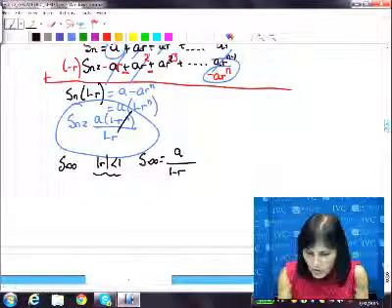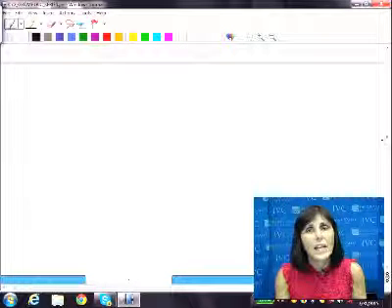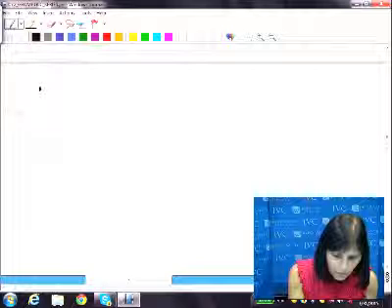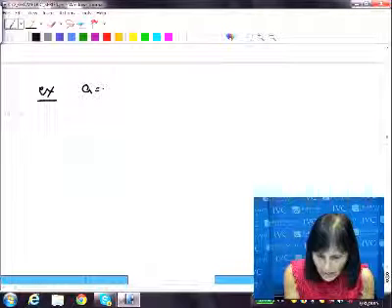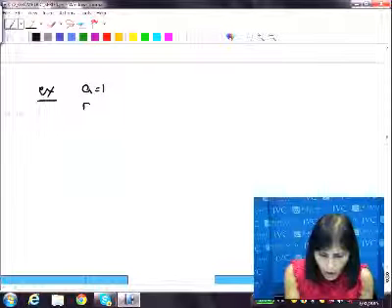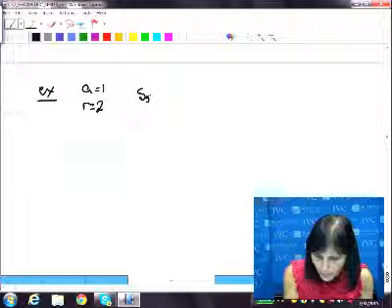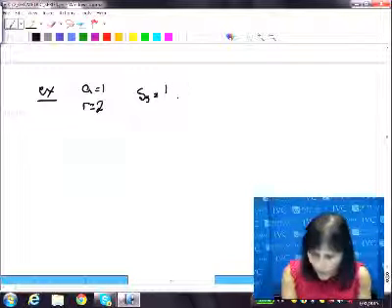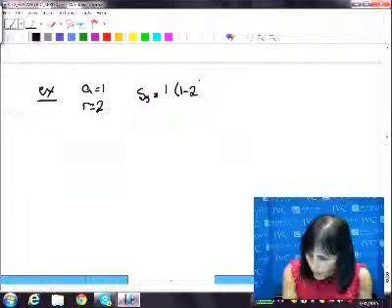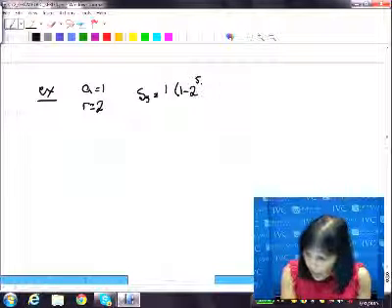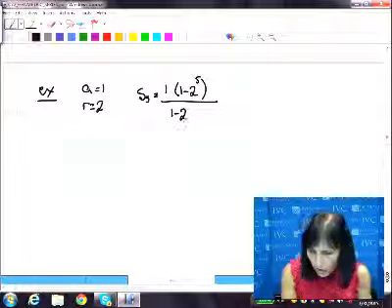Okay? So let's start with the finite sums and then infinite sums. Let's look at a finite sum problem. Let's say my a is 1, which is the first term. My r is 2. And S5 is going to be what? The first term, 1 minus r to the fifth power, divided by 1 minus r.